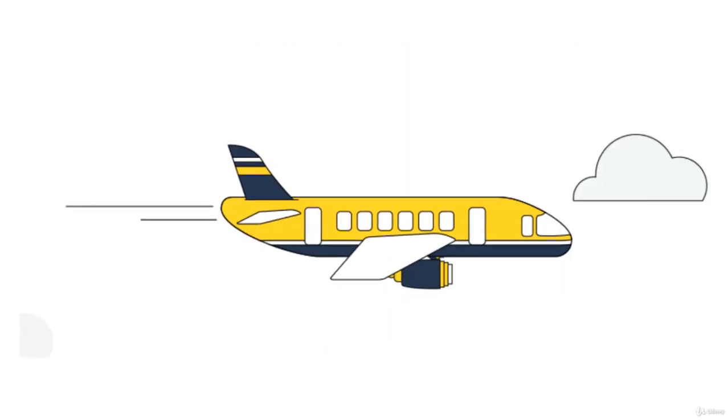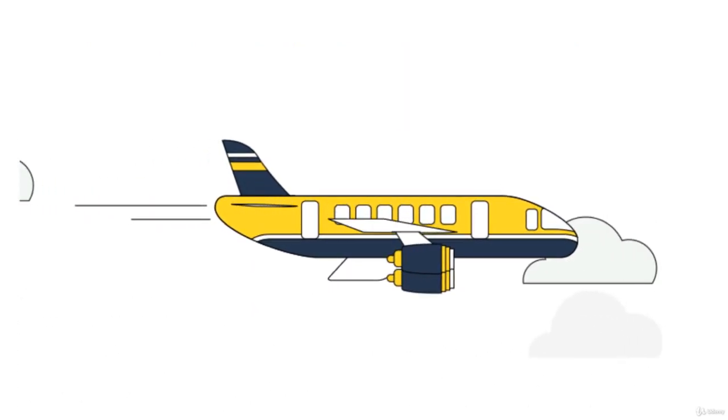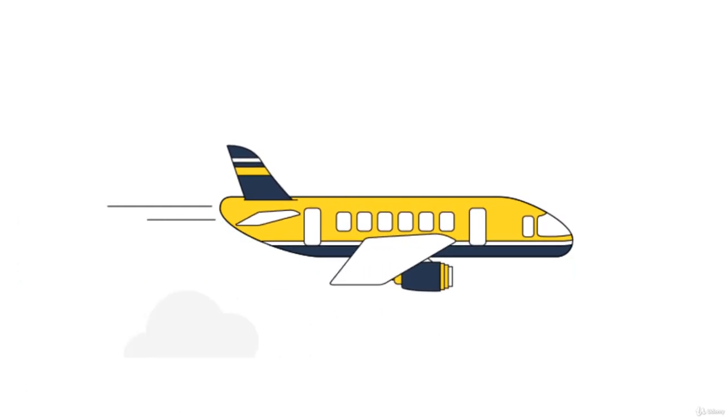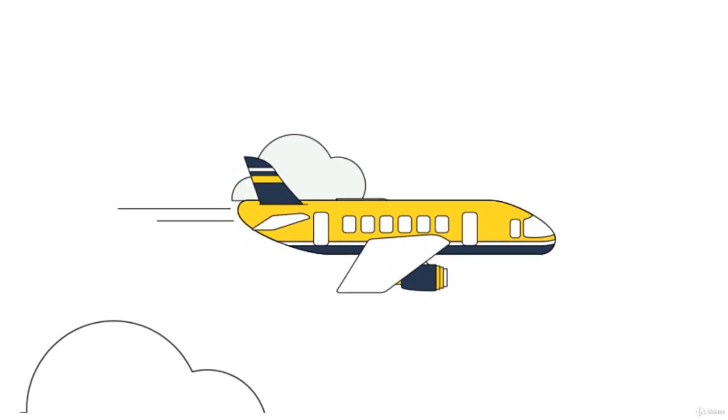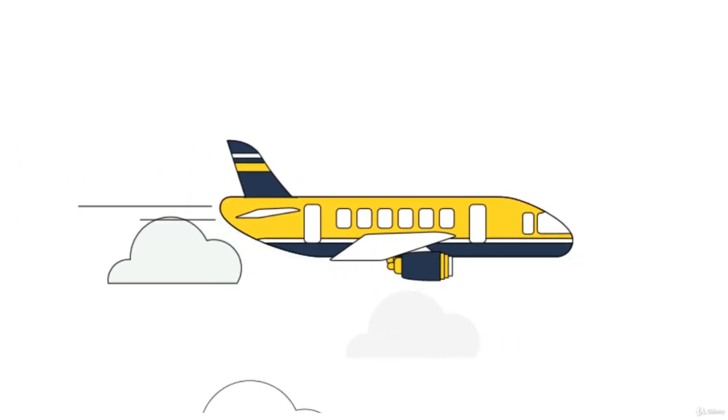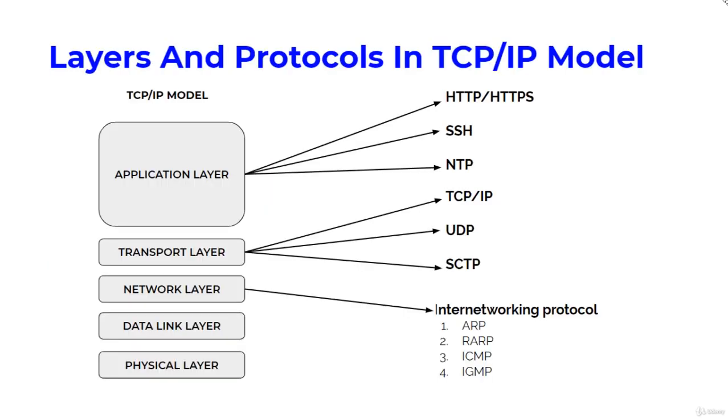Suppose it decides to take the air travel option. After the package arrives at City B's airport, the carrier service delivers them to the sorting office of City B. The carrier service's job is finished here. So, this part where the carrier service takes the envelopes from one city to another via a medium is the link layer.